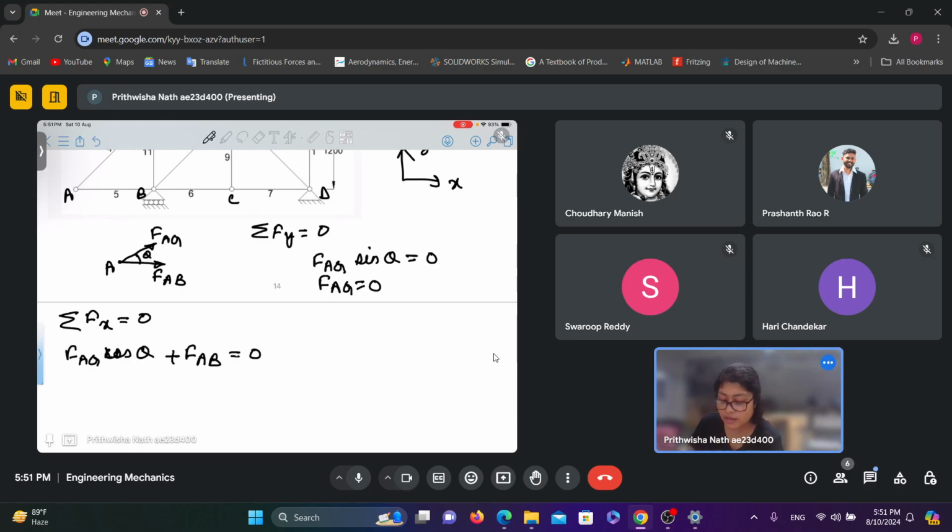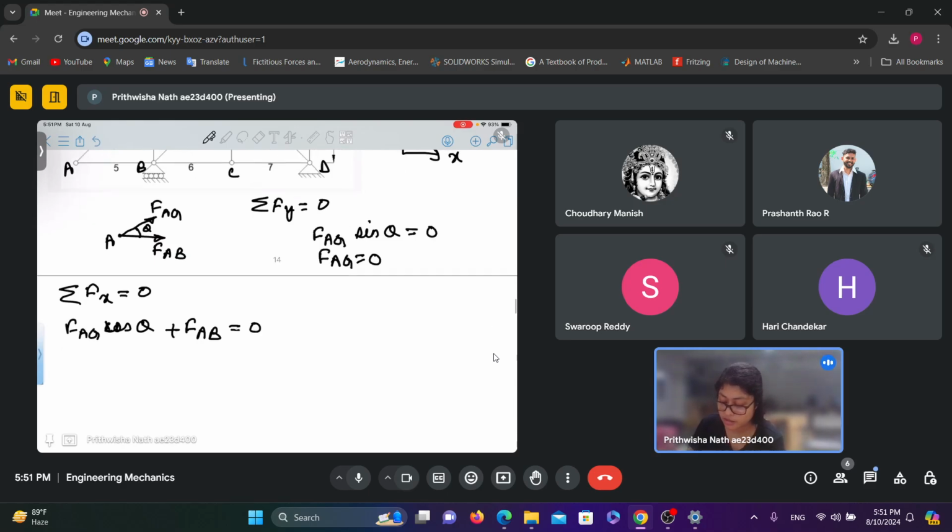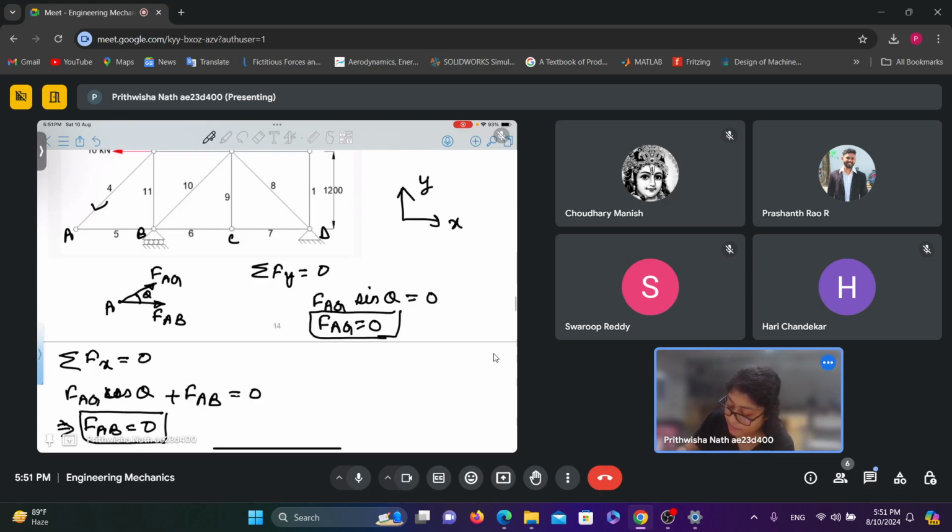From the summation of Fy, I found out that FAG is 0, so this term is 0, which implies that FAB is also 0. So both these members 4 and 5 are zero force members, right?